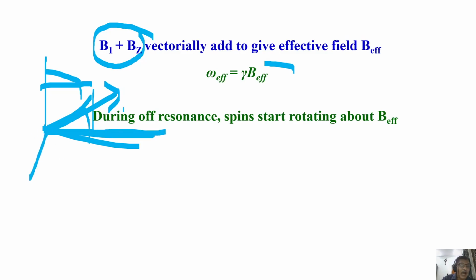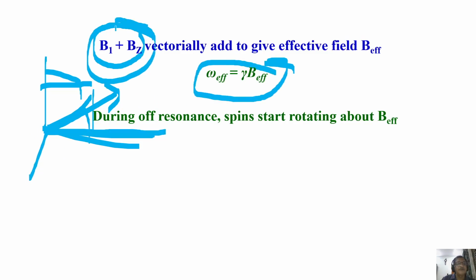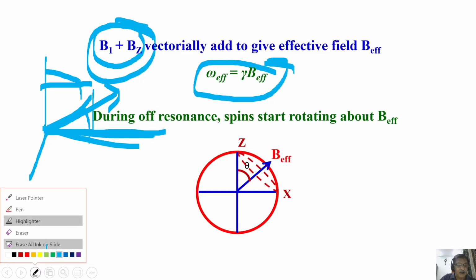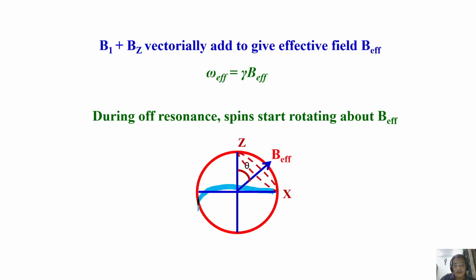Off resonance is away from this axis, and the effective field is a combination of both the main magnetic field and the RF field which you apply. So this is what happens in the off resonance condition. Instead of rotating in the XY plane, the spins rotate about a different axis, making a certain angle with respect to this. This is called B effective.